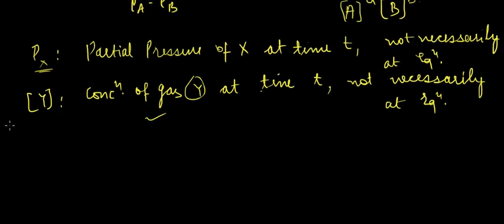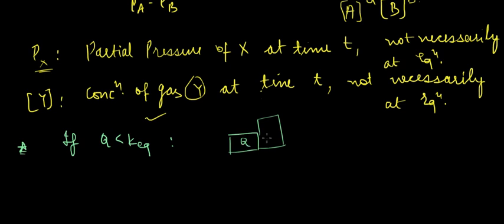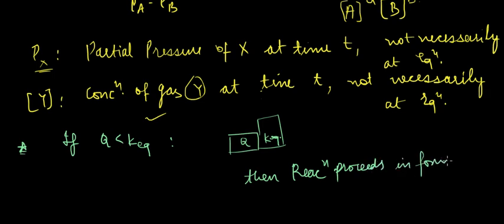Okay, so we can write that if Q is less than K, then graphically we can demonstrate that Q is here and K is here. So the reaction proceeds in the forward direction.